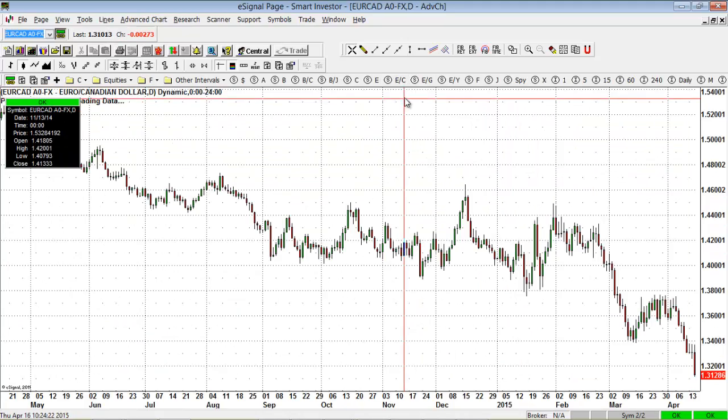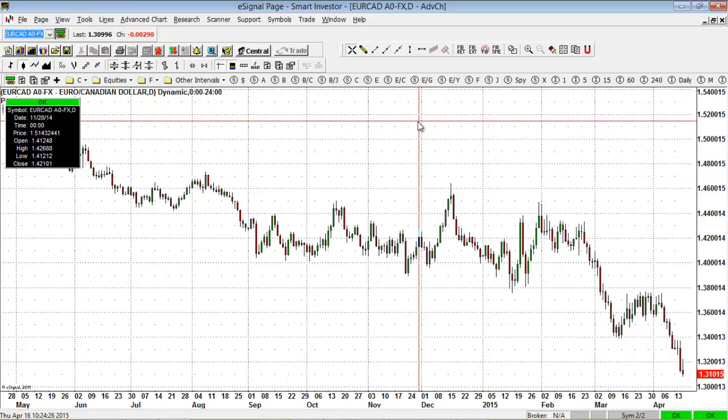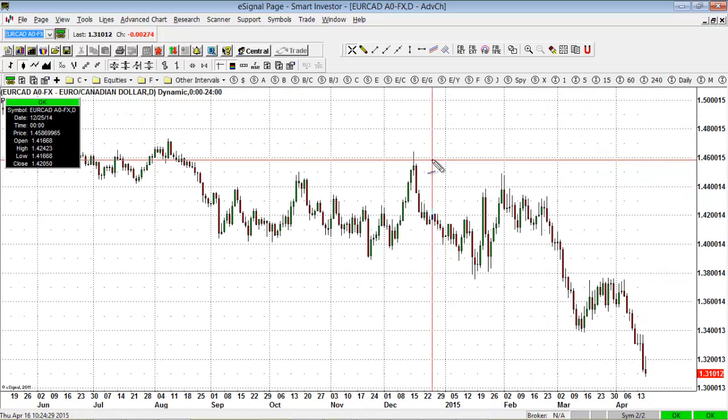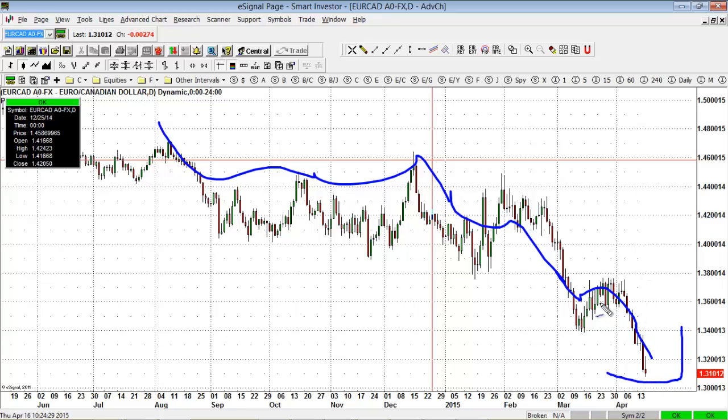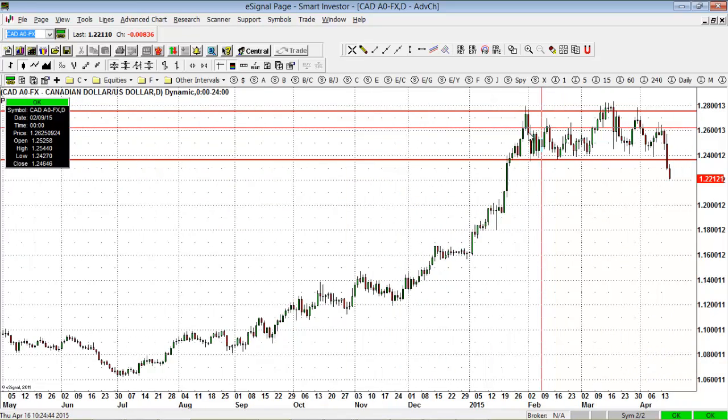We decided to go in the euro Canadian dollar as opposed to the USD Canadian dollar, and the reason is because this currency is in an established downtrend, and we prefer to select currency pairs that are already in a downtrend as opposed to this one here.